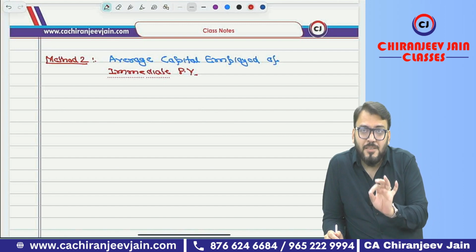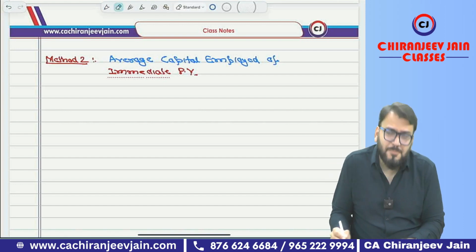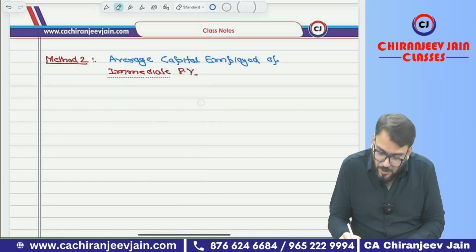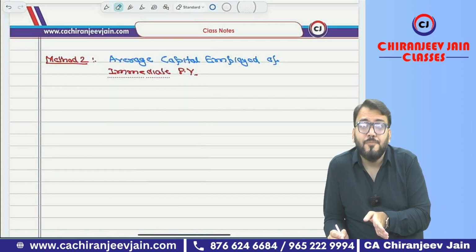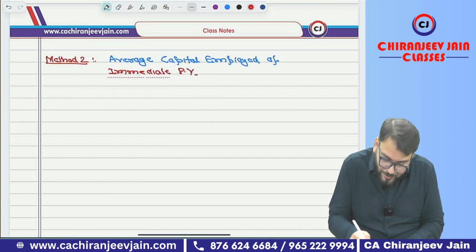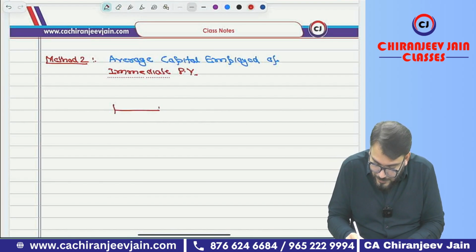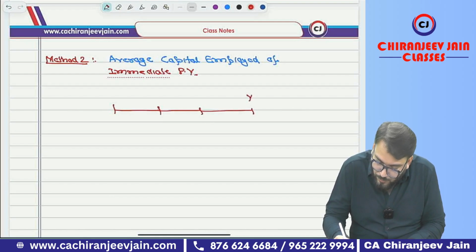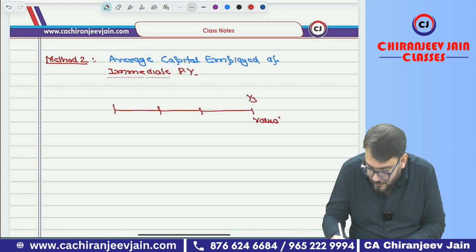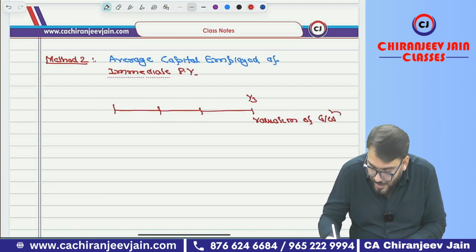Are you getting what I am saying? Immediate previous year means immediate last year. Average capital employed of last year, you can say. Means what I want to say: this is the first year, second year, third year, and this is Y3, and we are doing valuation of goodwill as on year end 3.